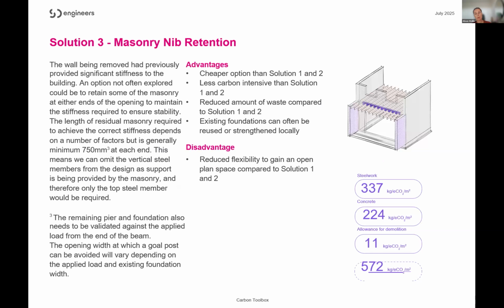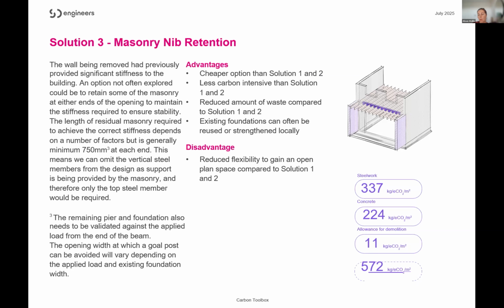And then what we also wanted to do, because this comes into the option of doing less, building less, demolishing less, is, well, what if we didn't completely remove the whole width of wall and we retained some masonry nibs that could provide the stability element and also reduce the depth of steel required? Obviously, the size of the steel and the size of the nib is very dependent on the loads on the frame and their desired width.